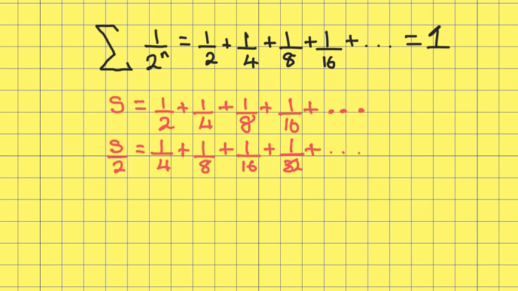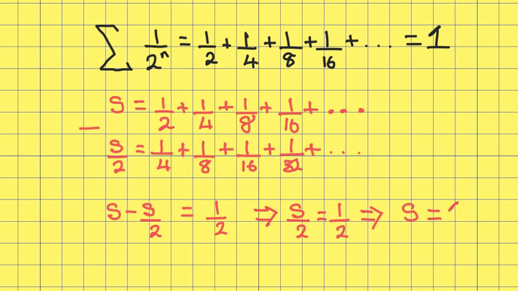I'm now going to do s minus s over 2, so I would get s minus s over 2 is equal to a half. Therefore, s over 2 is equal to a half. Therefore, s is equal to 1. So the sum of my infinite series, a half, a quarter, an eighth, plus a 16th, is equal to 1.